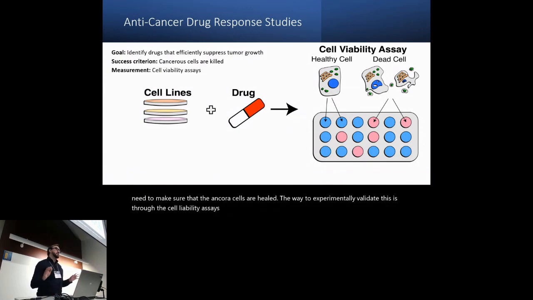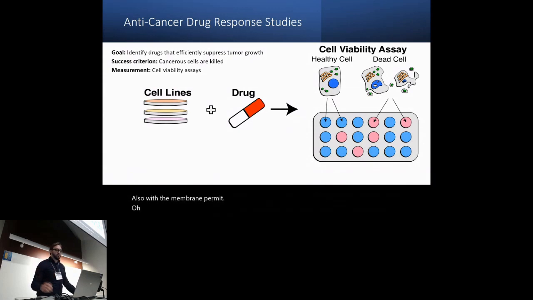The cells that are dying are colored using the membrane impermeable fluorescent proteins, and the healthy intact cells are colored only with membrane permeable proteins.